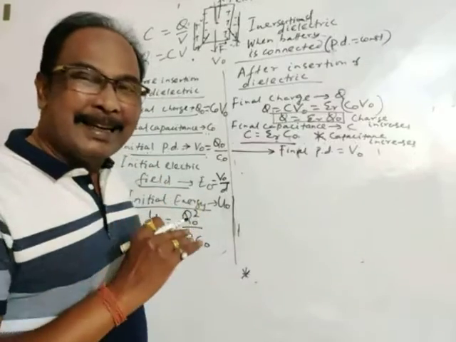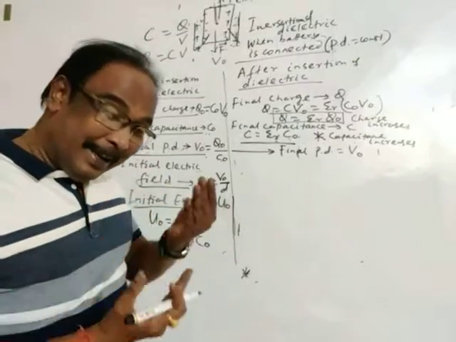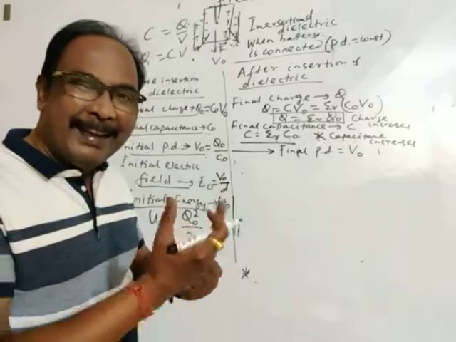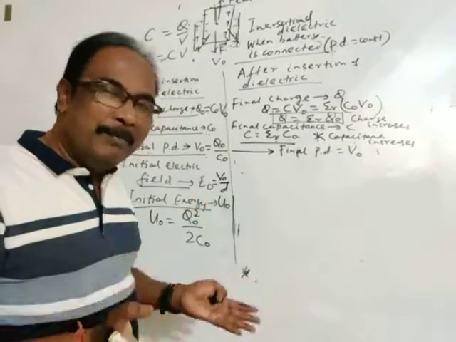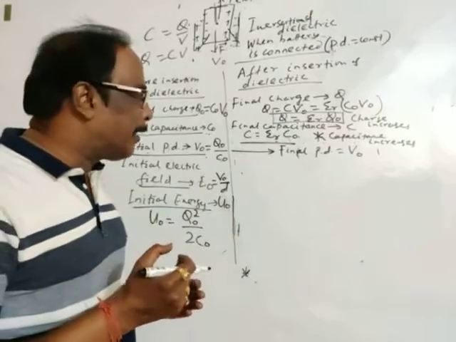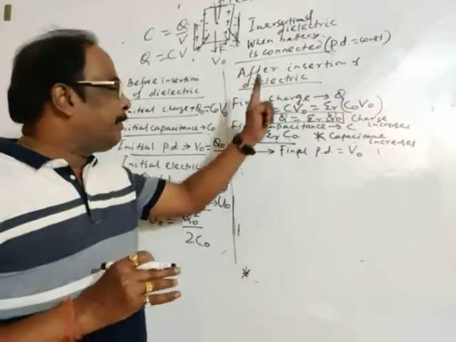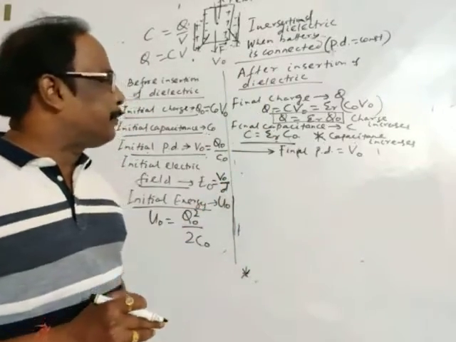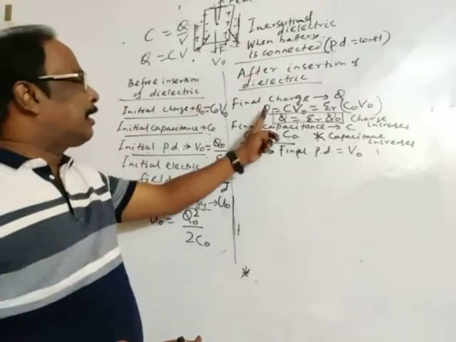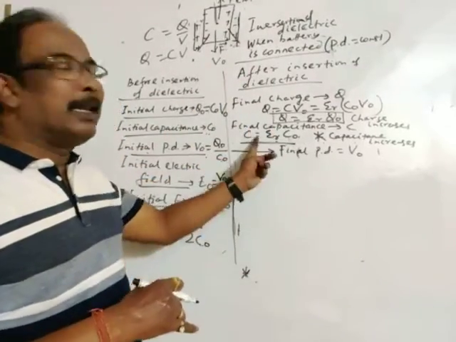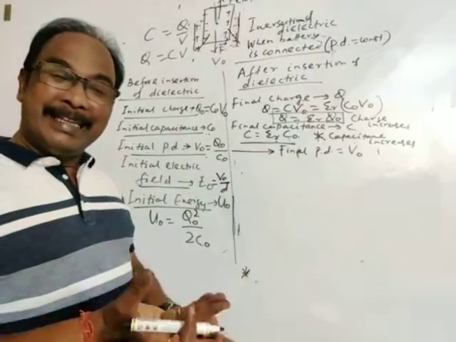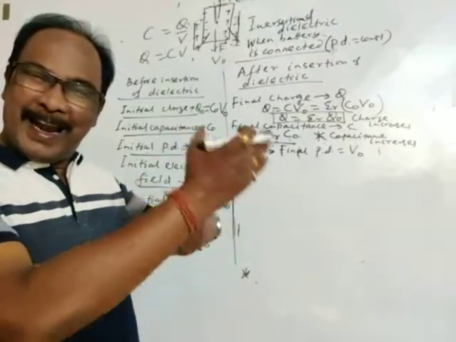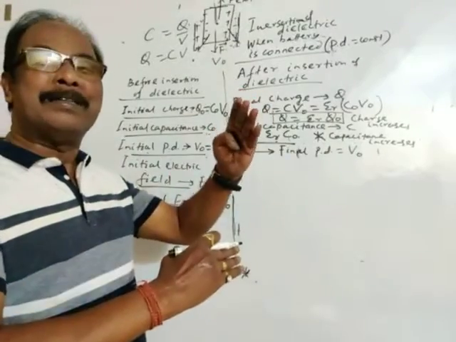If the battery is connected, then it is due to the energy of the battery, energy spent in giving more and more charge to the capacitor. Because if dielectric is inserted, capacitance increases, and increased capacitance means more charge can be given to the capacitor.